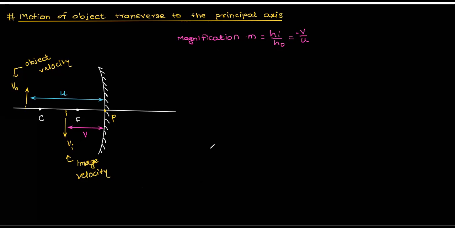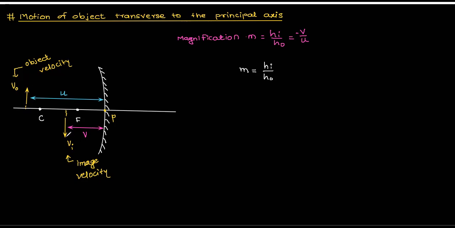Now, what I am doing, see, I am taking just this formula, m is equal to hi by h naught. See here, as this object is moving, the height of this object is variable, as well as here also it is varying.